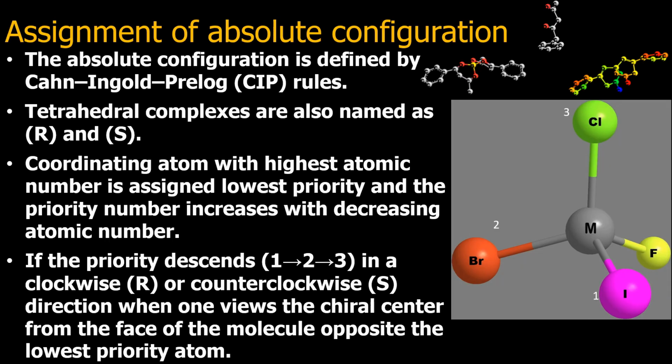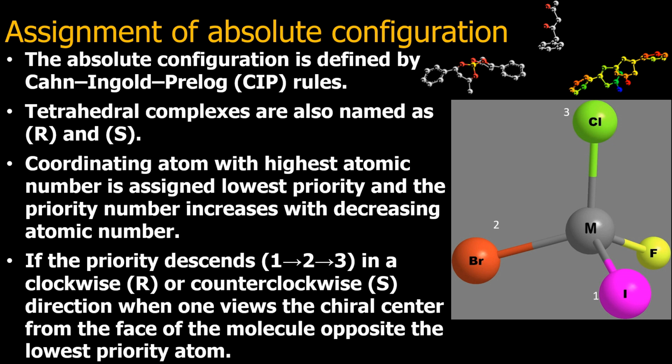Now, how to assign these R, S or say C, A or delta, lambda configurations to different isomers? These three configurations are called absolute configurations, and in order to do that, the method used is the Cahn-Ingold-Prelog method, which is a set of rules abbreviated as CIP rules.